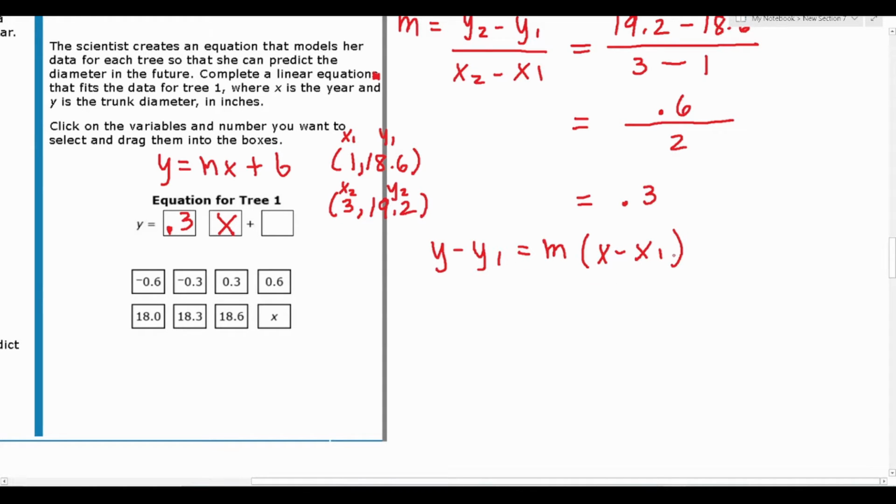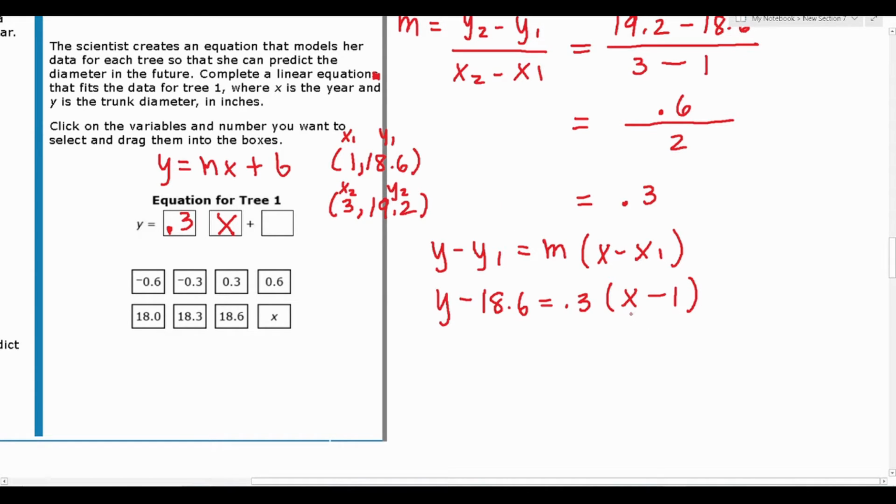Again, y1 and x1 are just the points from our ordered pair. We know what m is, it's 0.3, so let's just plug things in and solve for y. So y is just y. y1 is 18.6. m we figured out was 0.3. x is just x, minus x1 is just 1.